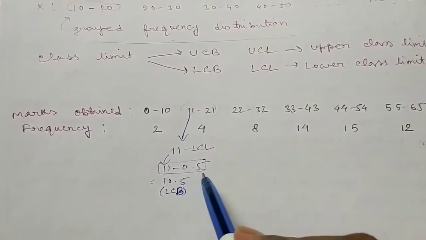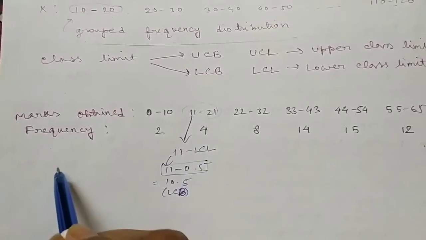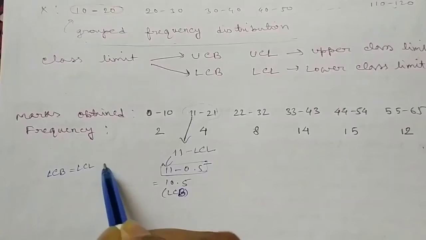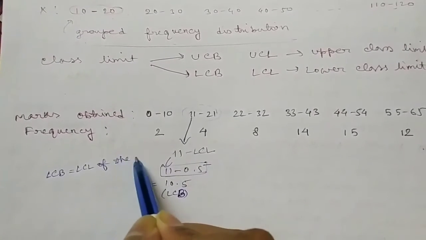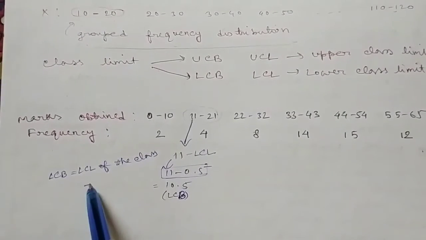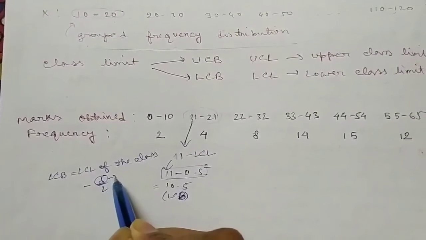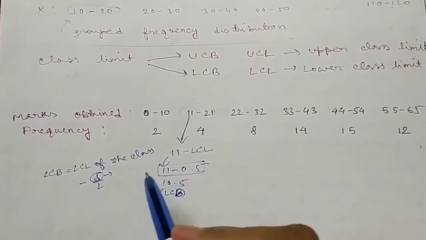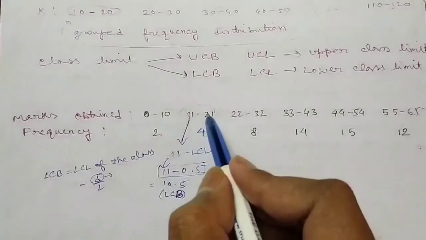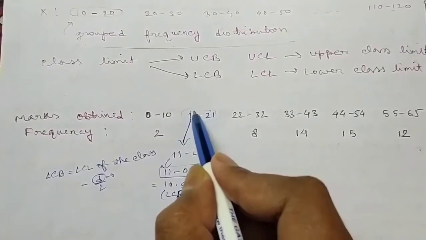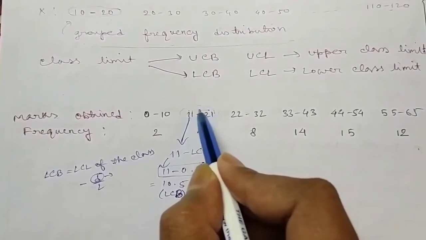The lower class boundary has the formula: LCB is equal to the LCL of the class minus D by 2. What is D? D is the difference between the numbers or data present in a certain class.